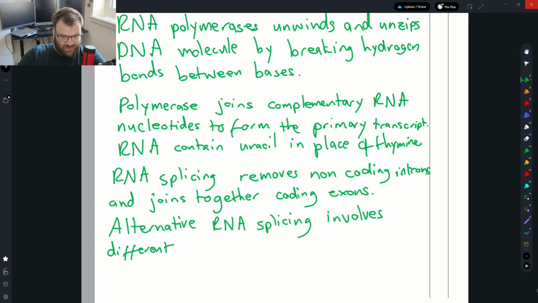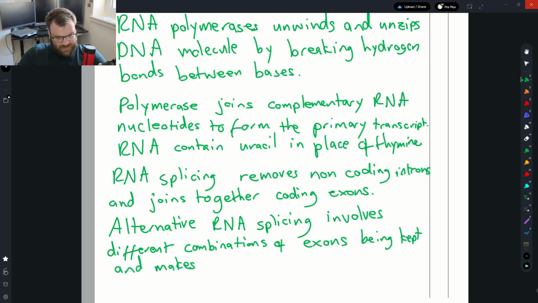In alternative RNA splicing, we've got different combinations of exons being kept, and makes different mature transcripts.